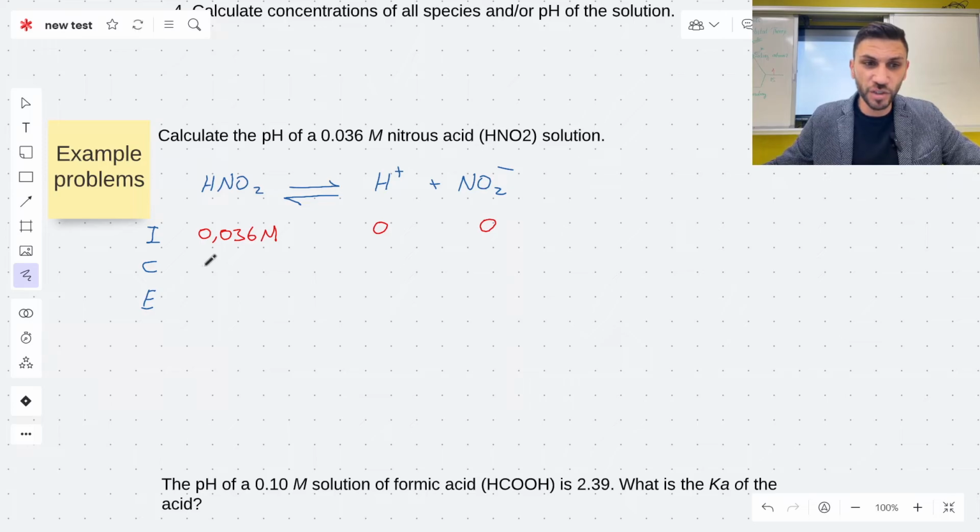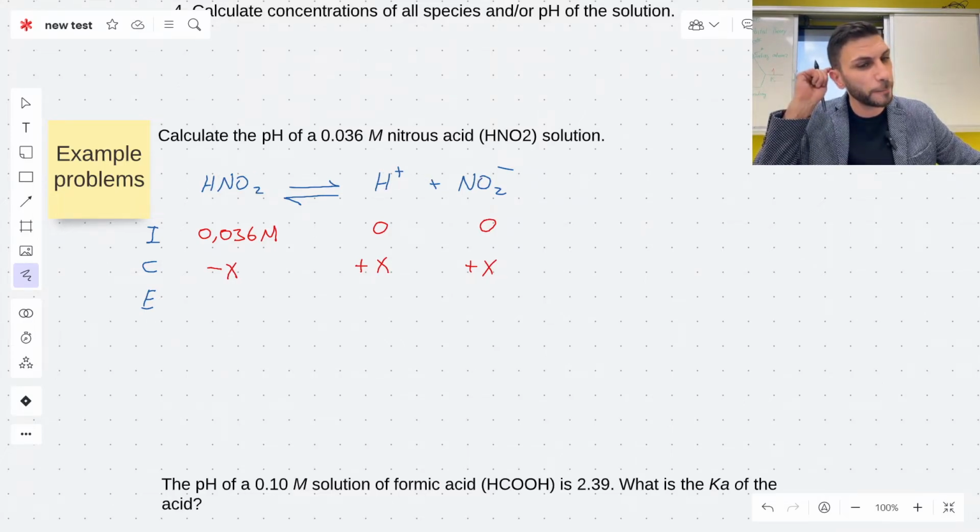In the change, because HNO2 is being consumed, being dissolved in water, it's going to be negative X, and for the H positive it's going to be positive X, and for the NO2 negative also positive X, because it's 1 mole, 1 mole, 1 mole in the stoichiometry.